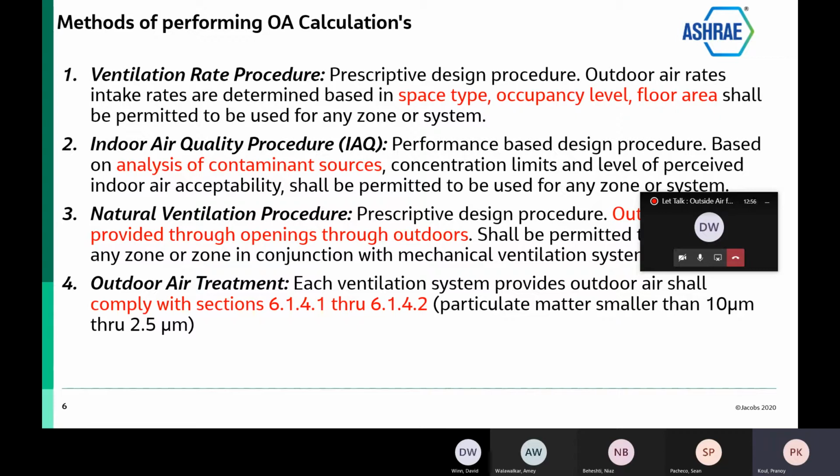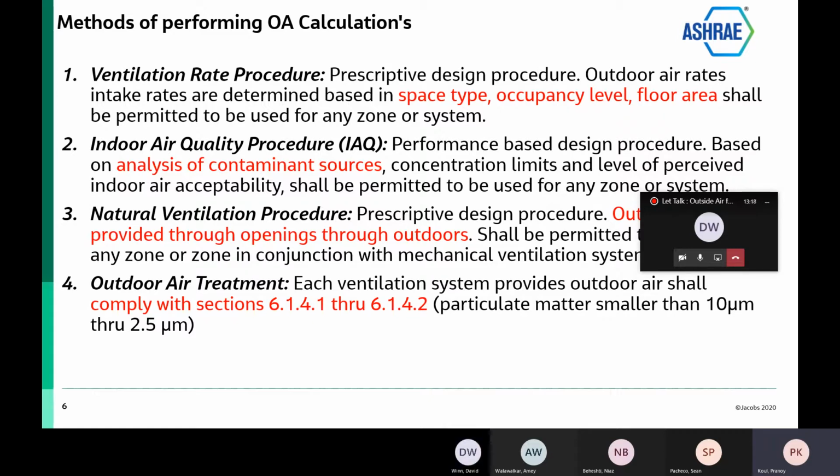However, when we talk about the indoor air quality procedure, it is more of a performance-based procedure. There are certain software calculations and analyses for contaminant sources and concentration limits of perceived indoor air acceptability, and that shall be permitted to be used for any zone or system.